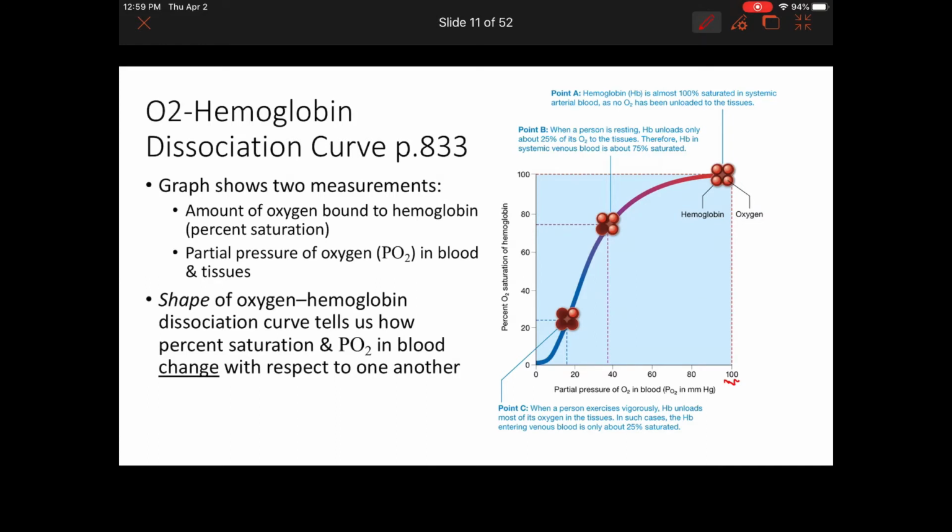So if we were to measure the saturation of hemoglobin at this partial pressure, we would find that nearly 100% of the hemoglobins in arterial blood have oxygen bound to them. So this is in arterial blood.